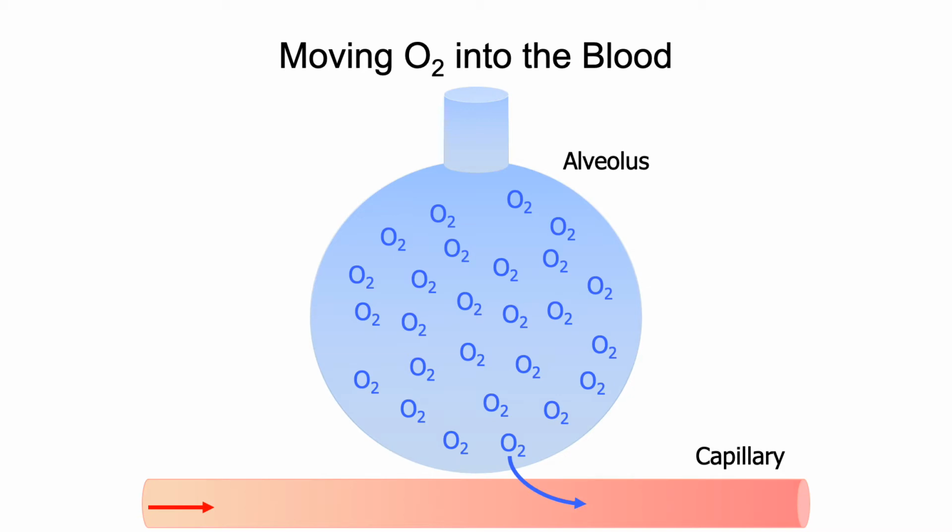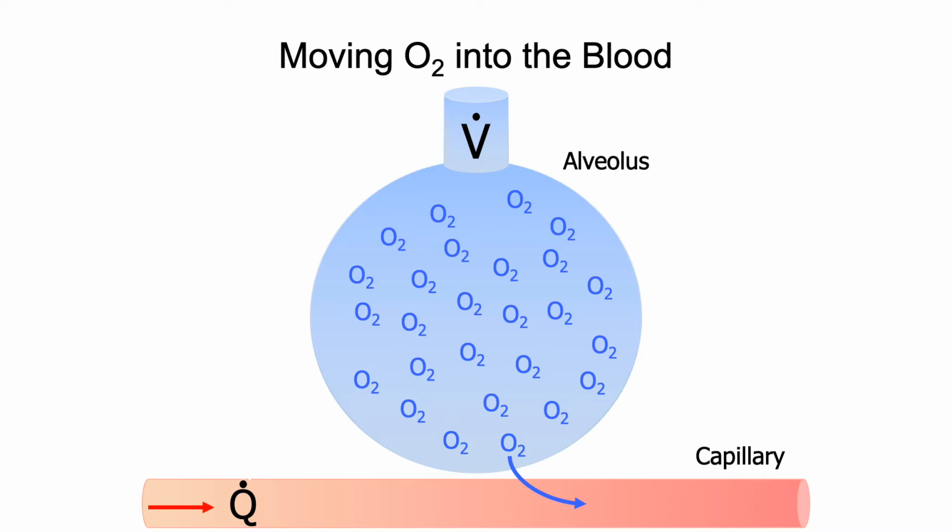In order to move oxygen from the alveolus to the blood, we need three major components. Number one, we need ventilation in and out of that alveolus. We represent ventilation as the capital letter V with a little dot over the top. We also need blood flow.